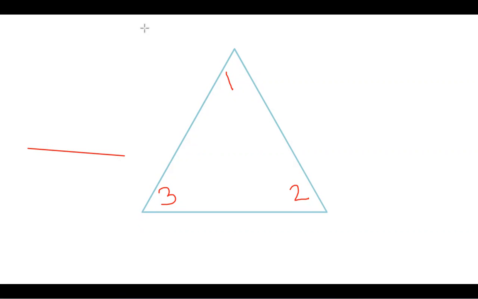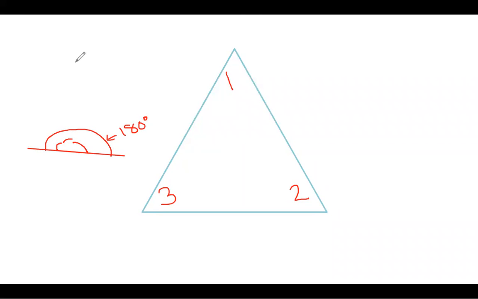So here's my first angle. You guys see it right here? My first angle, angle number 3, angle number 2, and angle number 1. Whenever we add all of those measurements, they should equal 180 degrees, which is going to bring us up to our next topic, the triangle sum theorem.